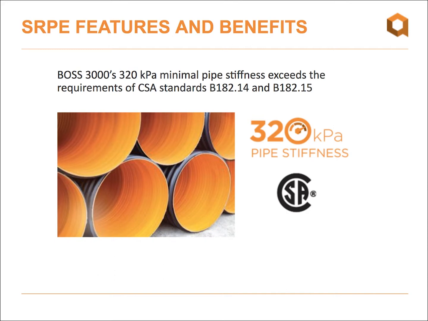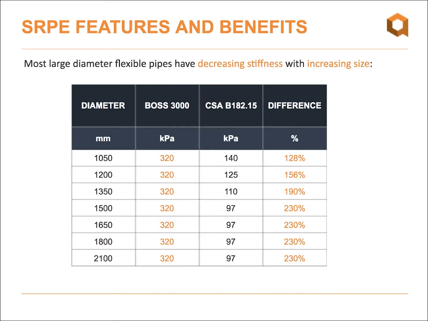Just to give you an idea, if you look at the BOSS 3000 next generation of steel reinforced polyethylene pipe, even when you compare to what is allowed in the CSA standard B182.15, that is the CSA standard for steel reinforced polyethylene pipe, that standard allows variable pipe stiffness, so a decreasing stiffness with increasing size.